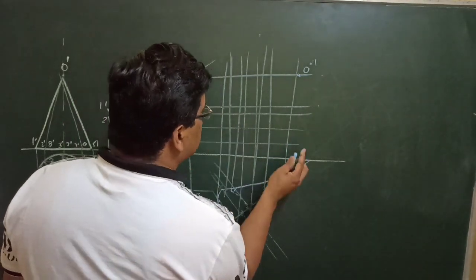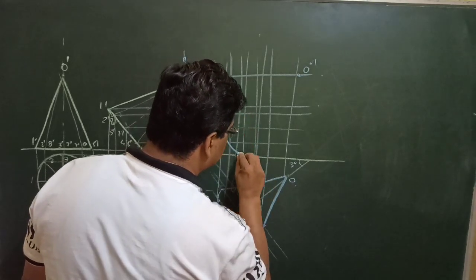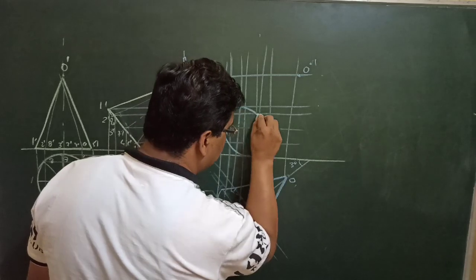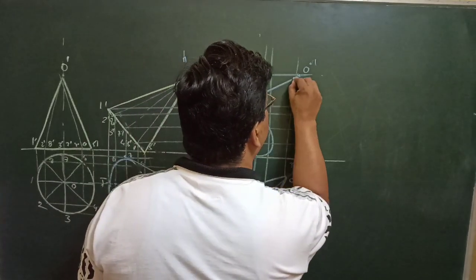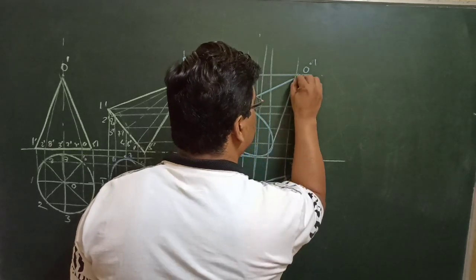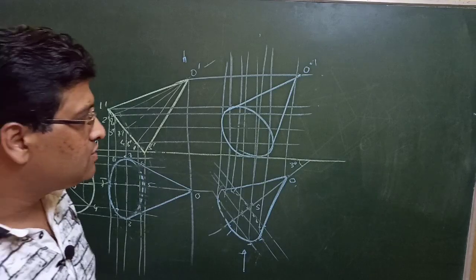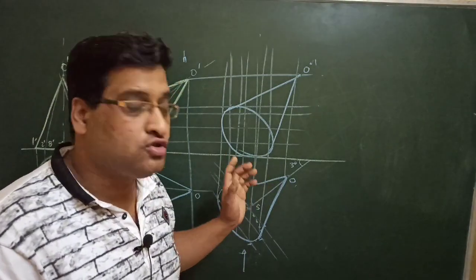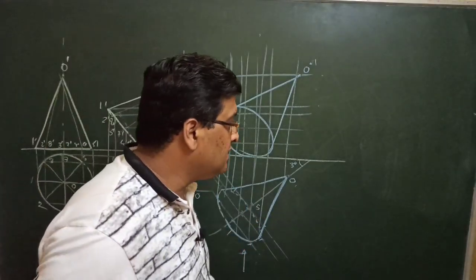So you will get a diagram like this. A continuous ellipse will be there, and after joining this with the O, you will get the final projection of the cone for the first condition, that is top view of the axis making an angle of 30 degree.